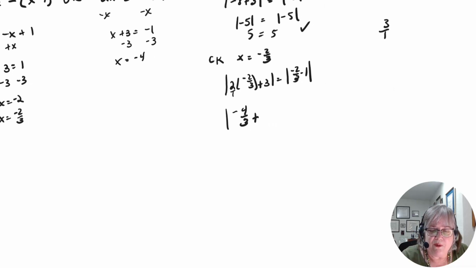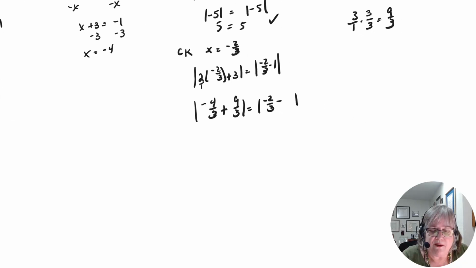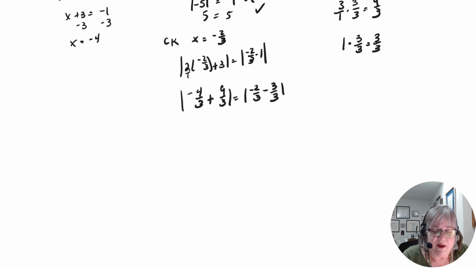So 3 over 1, to get it to be thirds in the bottom, we would multiply it by 3 over 3. So this would be 9/3. Does that equal negative 2/3 minus, okay, now 1, to get it to look like thirds, we would multiply by 3 over 3. So it's 3/3. All right.